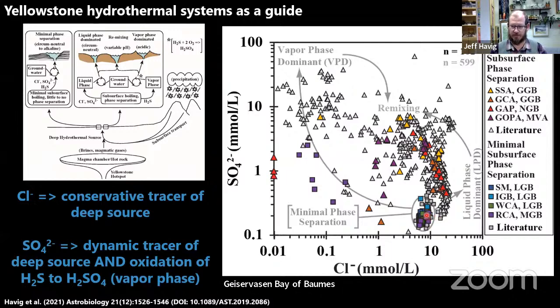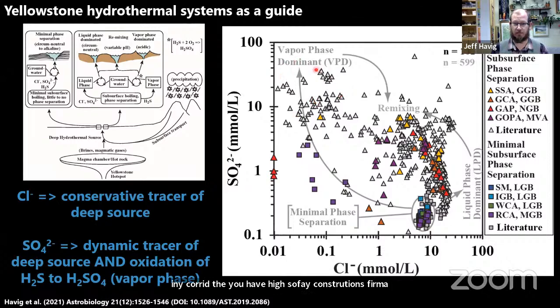When you get the phase separation, the liquid phase drives to increasing chloride and slightly increasing sulfate just with concentration from loss of steam, loss of water. And so the residual liquid phase drives into this direction to the right, whereas the vapor phase dominant, you don't have any chloride, but you have high sulfate concentrations from that sulfide that's oxidized.